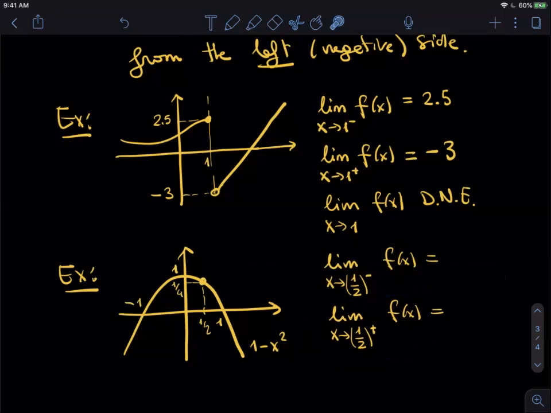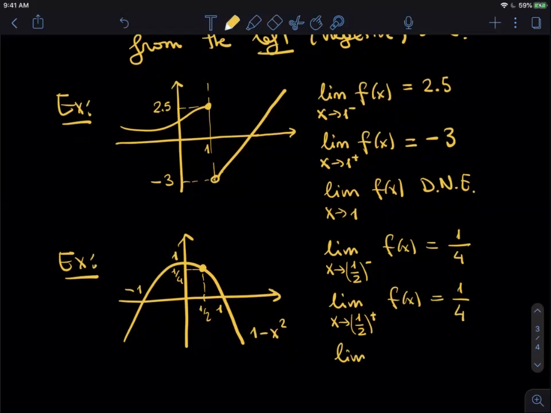As I go to 1/2 from the left, or I go to 1/2 from the right, in this case, because the plot is perfectly continuous, very nice, I didn't have to lift the pen from the paper, they will end up at the same point. So in this case, it's going to be 1/4 either way. In this case in particular, the limit is 1/4.